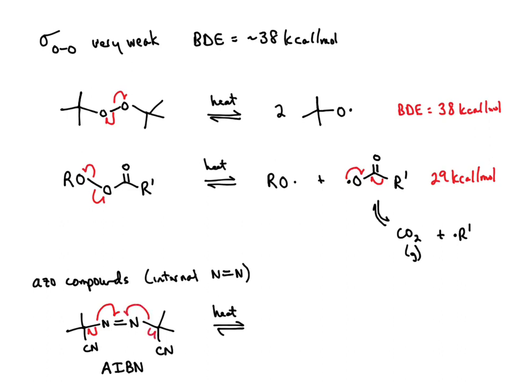And what happens is the two electrons in the middle pair up to give you a molecule of nitrogen gas, and then in the process you're going to generate two new carbon-based radicals here. Right, so the bond dissociation energy in this case, not quite as good as the acyl peroxides, but still quite good. This one is 31.9 kcals per mole.